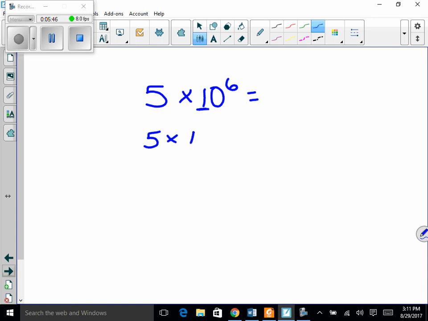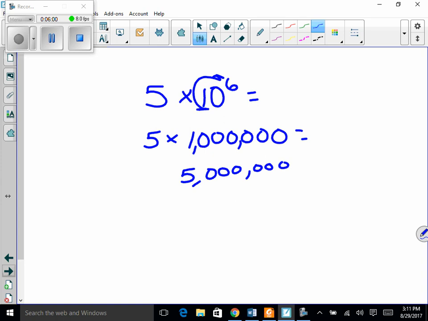Remember, it's 1, and then you look at the exponent, and you write that many zeros. 1, 2, 3, 4, 5, 6. And if you look at that, that means 5 times a million, or 5 million. And instead of writing 5 million, what they write on the math problem is 5 times 10 to the 6. It's a lot easier to write that than 5 million a whole bunch of times.